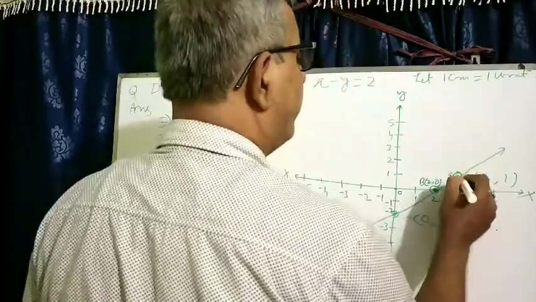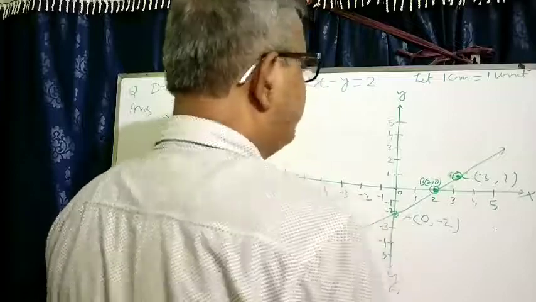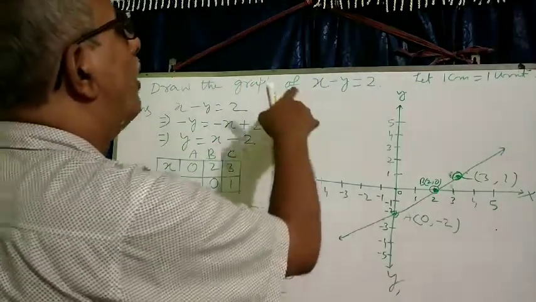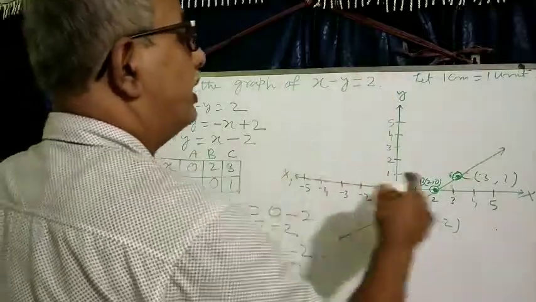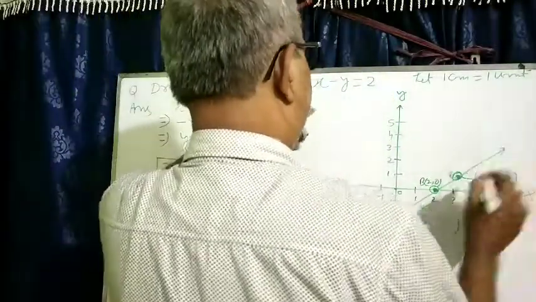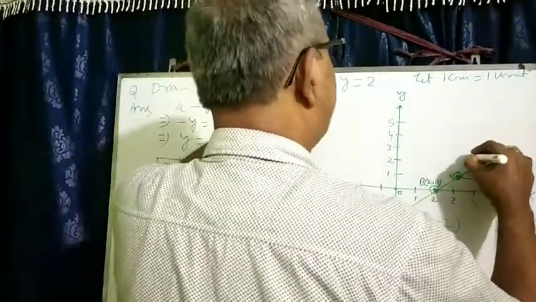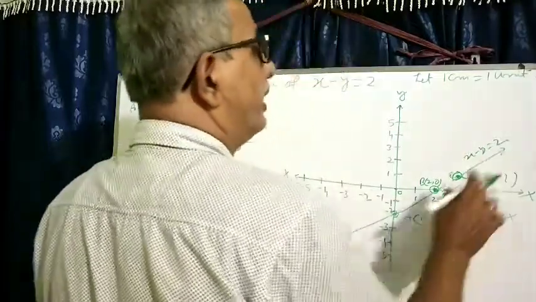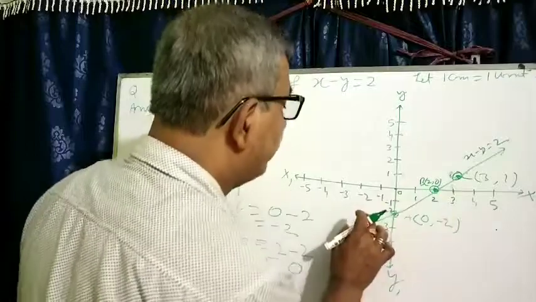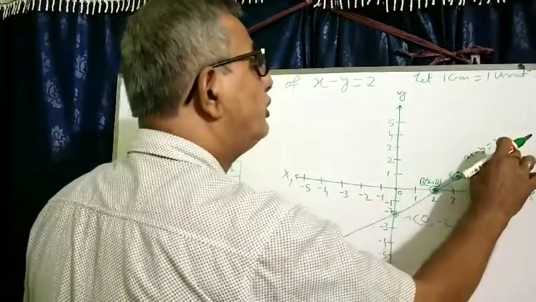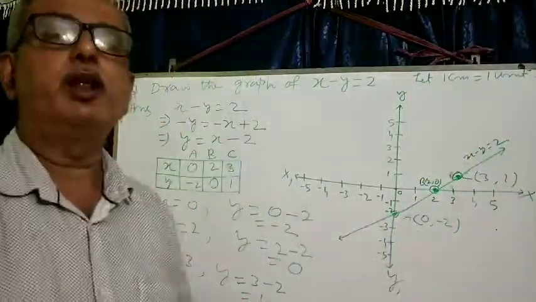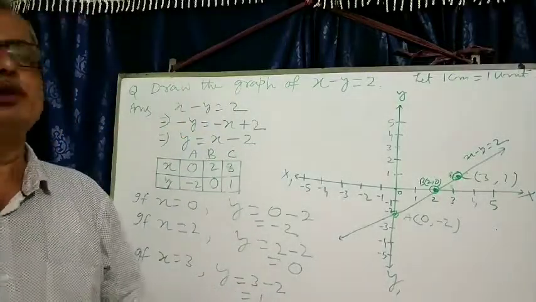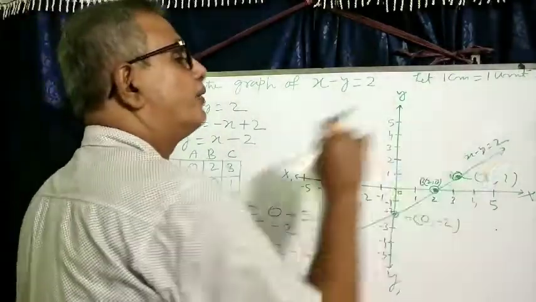Now you see, what is the name of this line? Do you know? The name of this line is the equation of the line. So on the line you write x minus y is equal to 2. You may write it here, or below the line. It is up to you; where you find better space, there you write the equation.